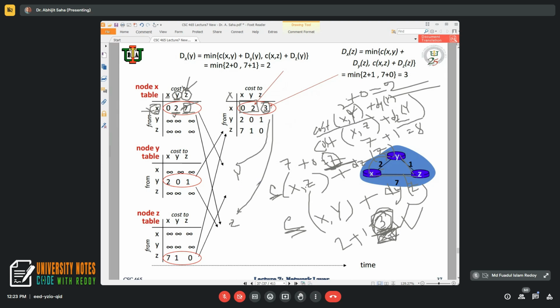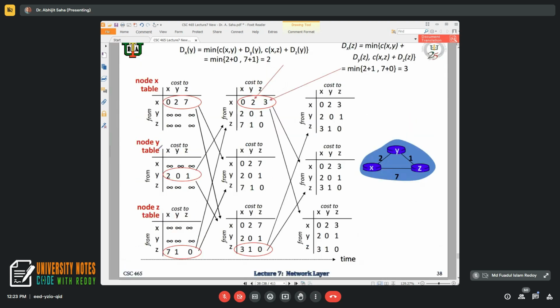So next, let's take Y. In the Y table, we have the costs; are they minimum or not? If you're going from Y to X, the cost can be cost of Y to X plus dx to X. That means 2 plus 0, which is 2.